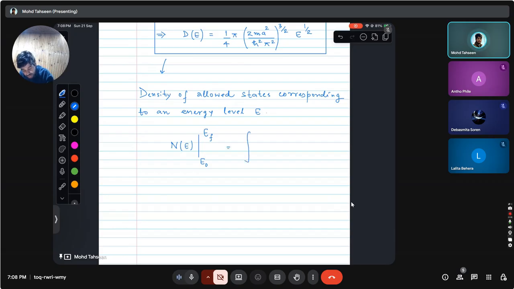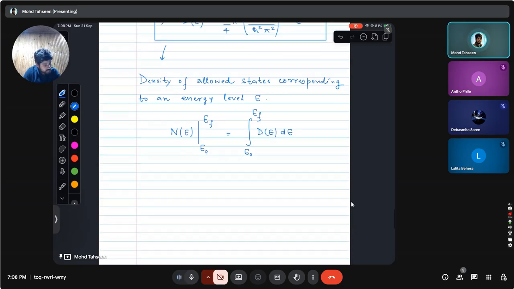It will be given by the integral of d of E with respect to the energy between these two energy levels. That is the physical meaning of this density. So it works in an integral formalism.